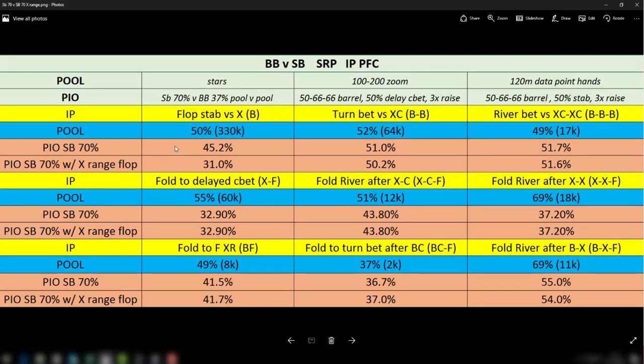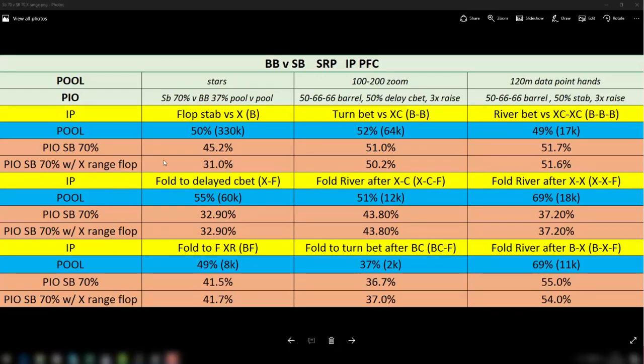And I'm presenting you some of the data that I showed you earlier for us opening with a small blind range of 70%. This is the PO data for that in these rows. And in the row below, I show the PO responses that out of position would take versus a small blind open of 70% that's checking range on the flop, so no flop c-bet allowed for out of position.